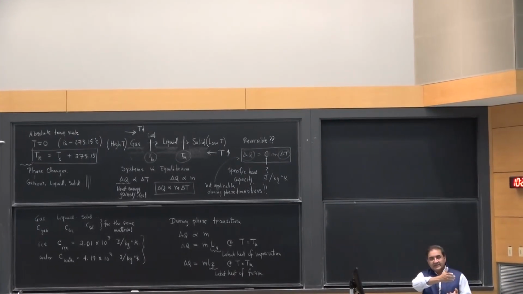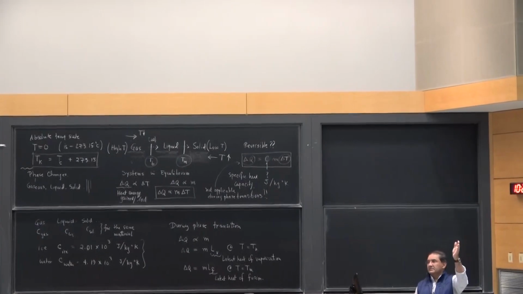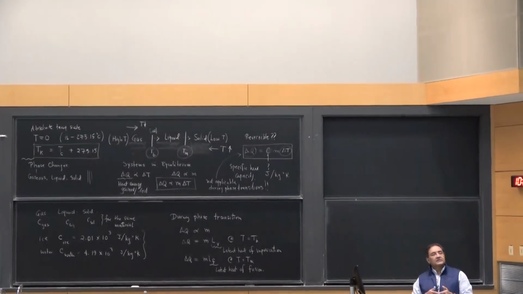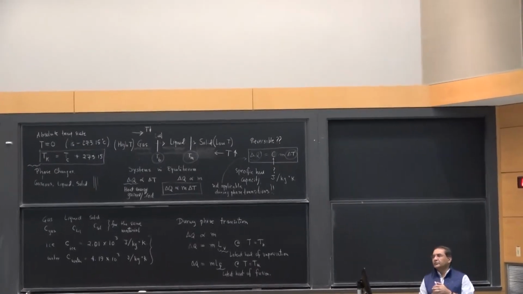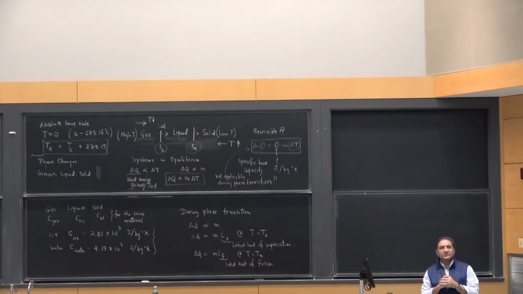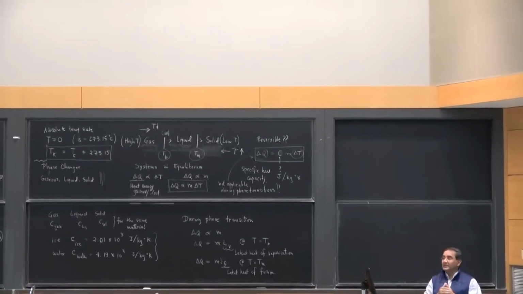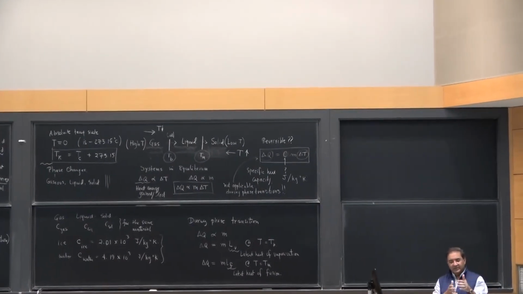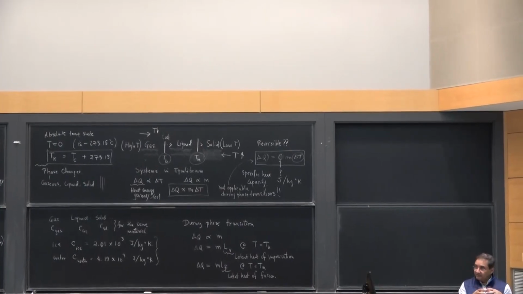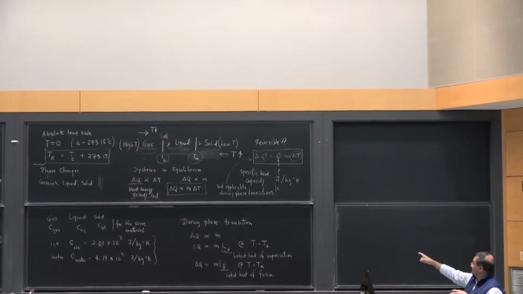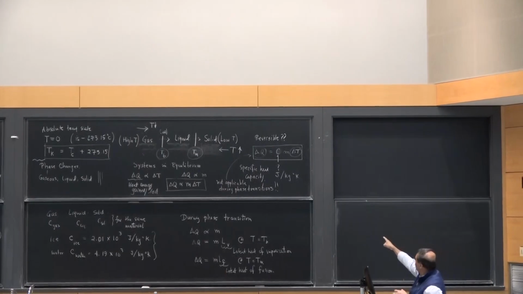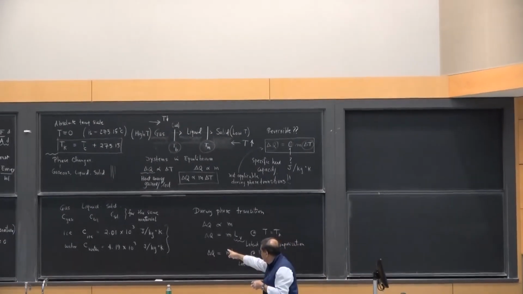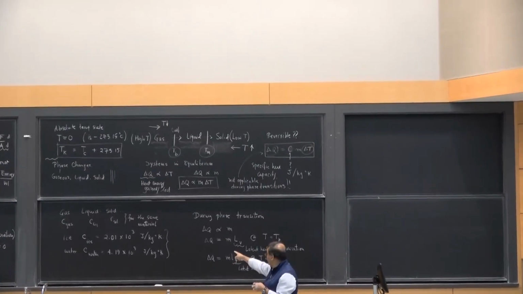Let's say from minus 5 degrees Celsius, when it will be very much in solid ice phase, to 120 degrees Celsius when it will be in steam phase, gas phase. So first what you do is you take your ice, which is a solid, and you basically take it in the solid phase using the specific heat of ice in solid phase, which I gave you, C ice here, 2.01 times 10 to the 3 joules per kilogram degree Kelvin.